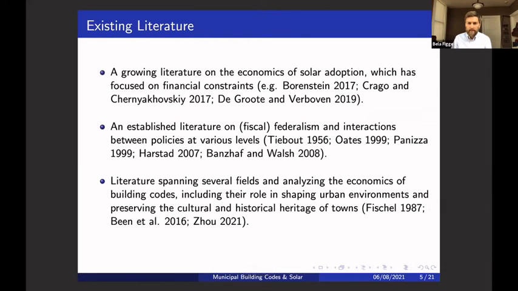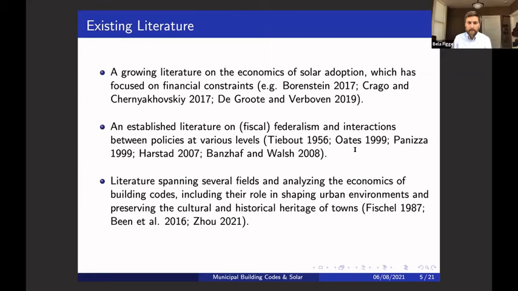So we connect to the existing literature in a number of ways. One, there's the literature on the economics of solar adoption, which has focused on financial constraints, whereas here we focus on constraints other than the pecuniary incentives.